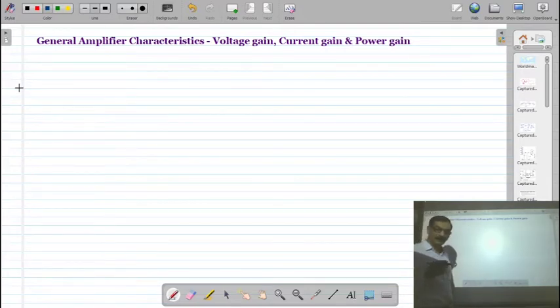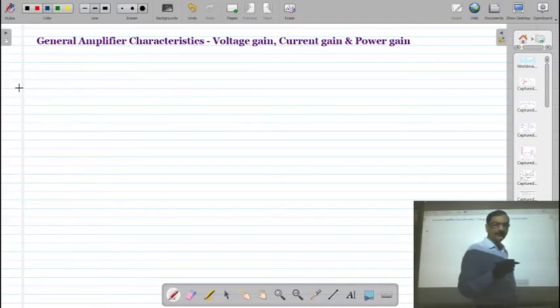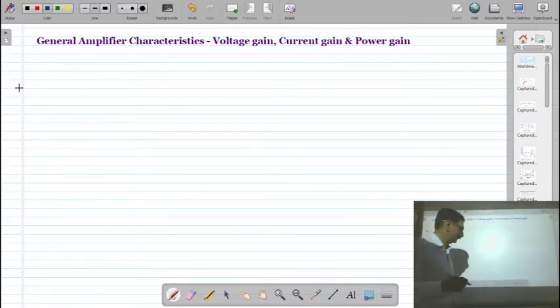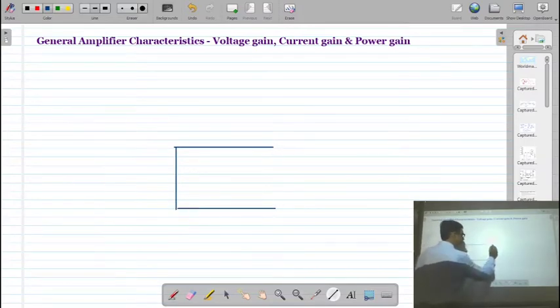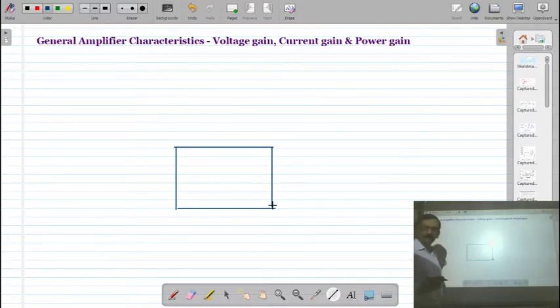But you should remember the amplifier circuit is converting DC energy into AC energy when the input signal is applied. Now let us see what kind of notation we are using for the amplifier circuit. So here, we have a kind of a black box. Remember, black box means what?